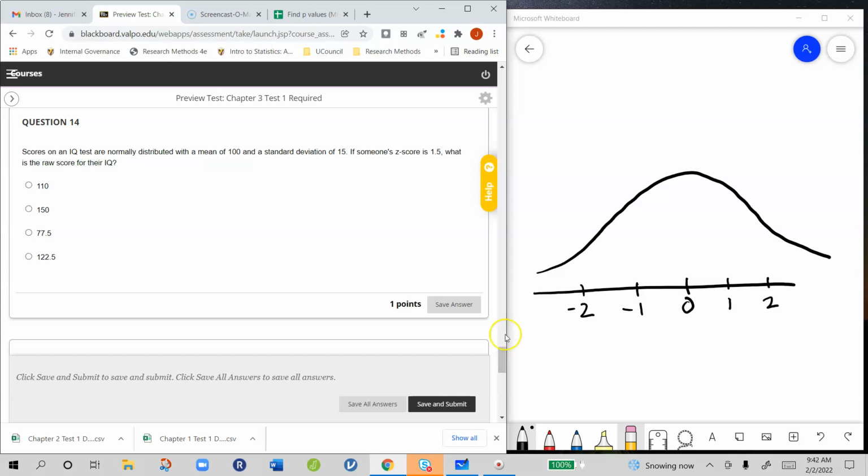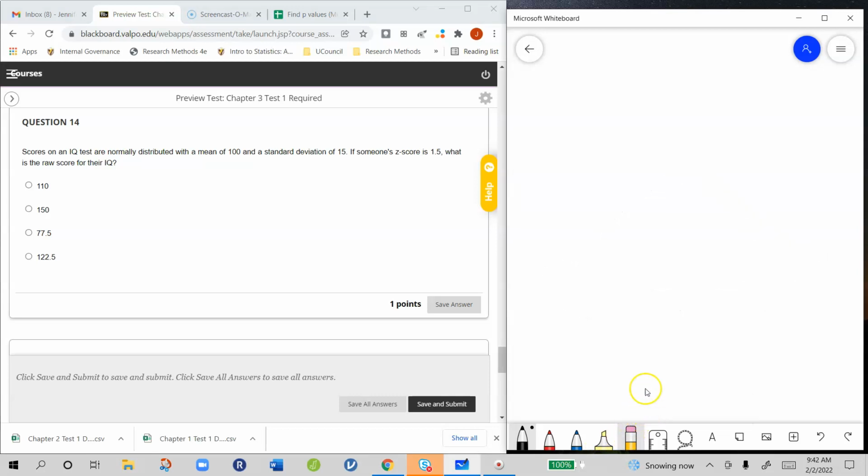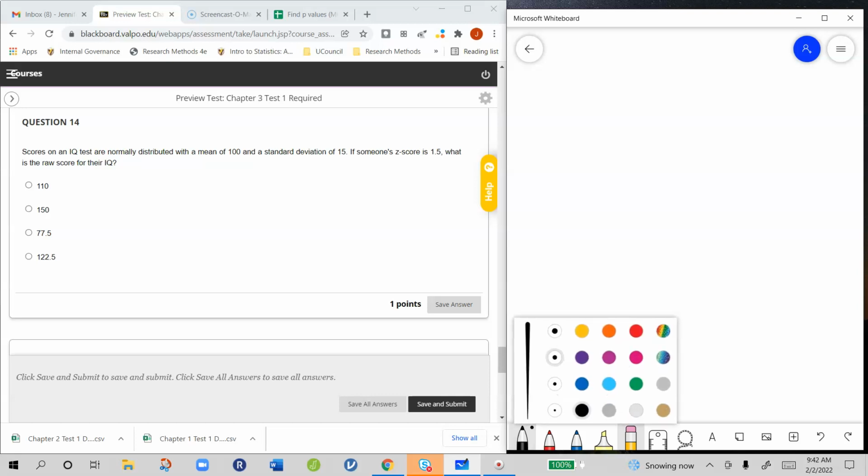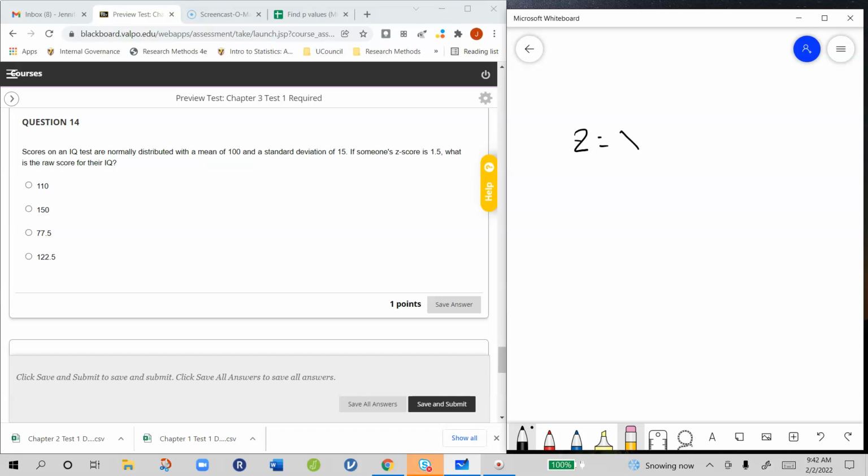Okay, next we're looking at using the z-score formula kind of backwards. We're going to find someone's raw score. We know that z is equal to the score minus the mean divided by the standard deviation. We know that their z-score is 1.5. We do not know their raw score, but we do know that the mean is 100 and the standard deviation is 15.